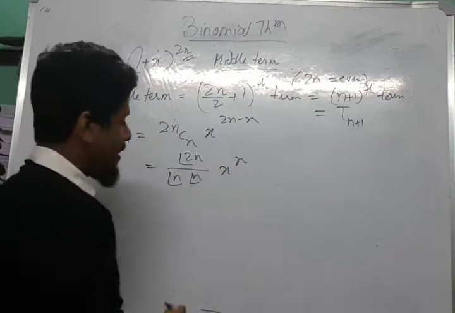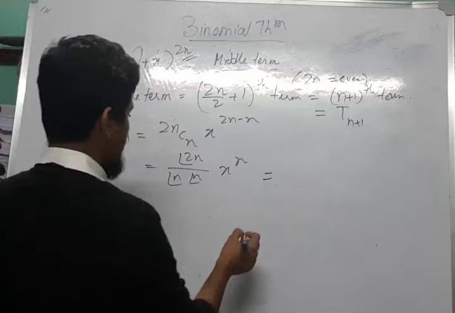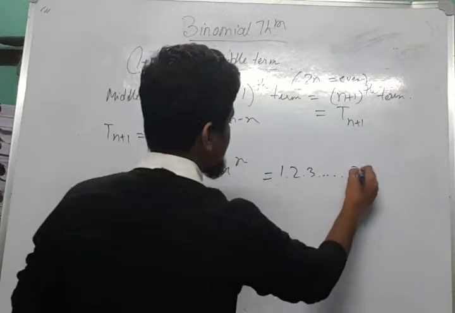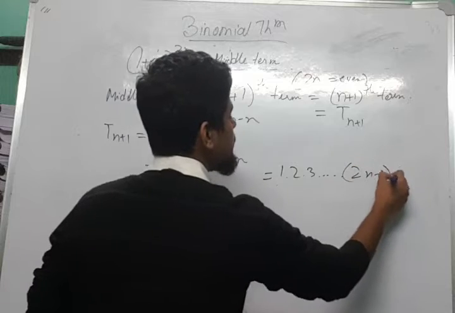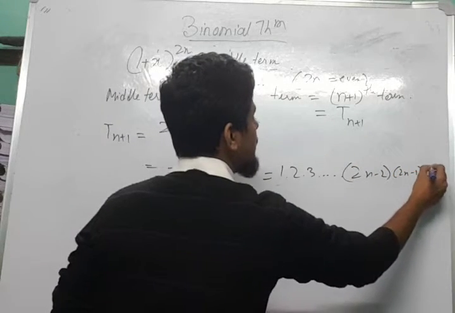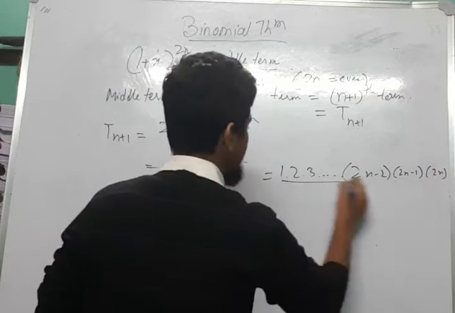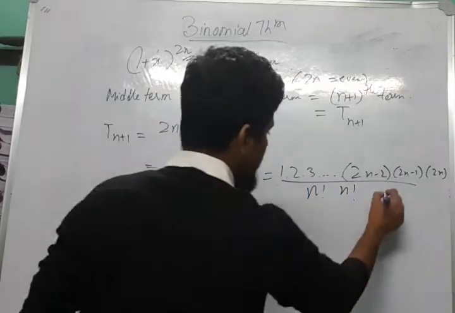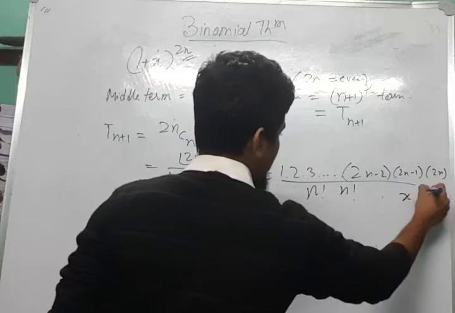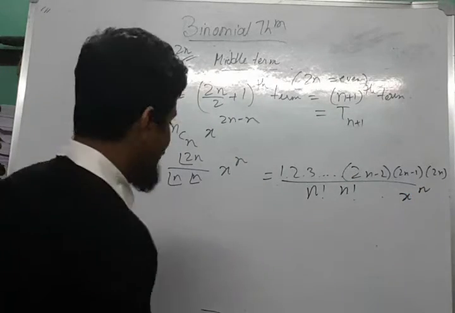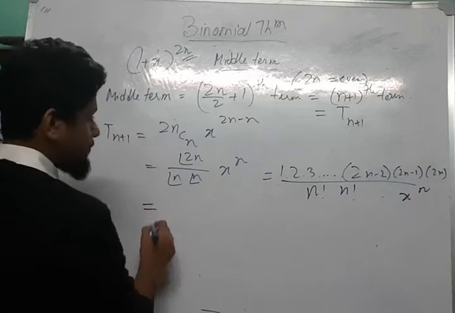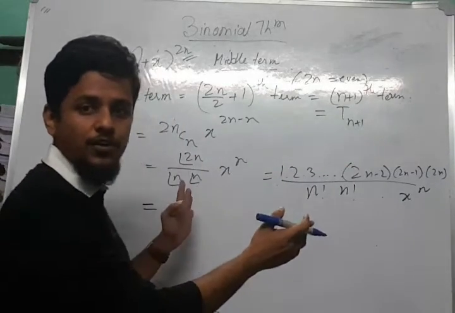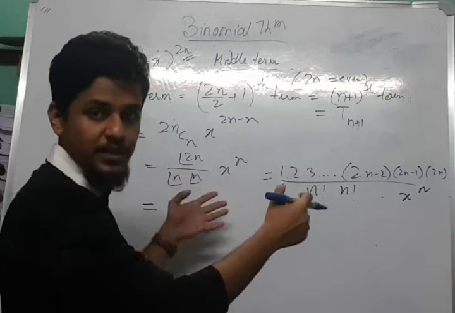Now if we expand it, this will give us 1, 2, 3, and this will go on up till 2n minus 2, then we have 2n minus 1 up till 2n, and then we have n! n! in the bottom portion, and also this is multiplied by x to the power n. So this is the structure that we're looking for. Now if we take out all the odd terms and all the even terms, we separate them and multiply them.